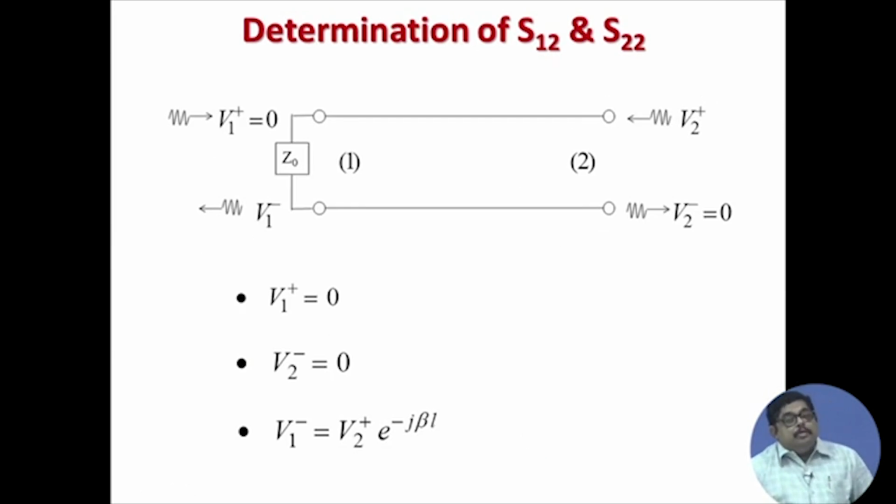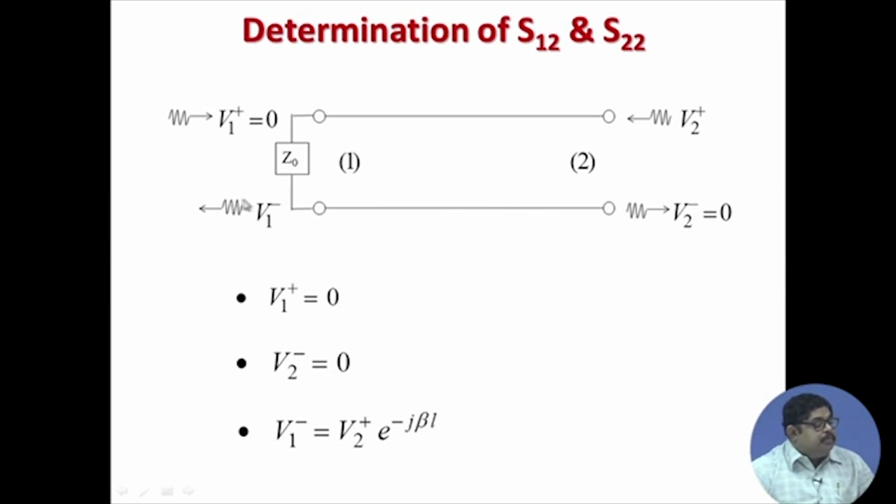Now, for S12 and S22, we need to match terminate port 1, so that we can find the two parameters here. The match terminating port 1 means V1 plus will be 0, and V2 minus will be equal to 0, obviously, because V1 plus becomes V2 minus here. Who are then present?